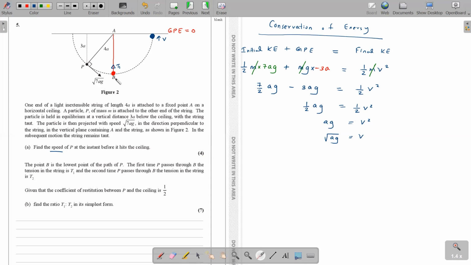Definitely, tension depends on the speed. So the first time the point passes through B, the speed you have, and the second time it passes, the speed you have. Well, what is the main concern here? Do you notice here that our particle goes and hits the ceiling? So when you go and hit the ceiling, are you going to rebound back at the exact same speed that you hit? No. So there you get a change in the entire circular motion.